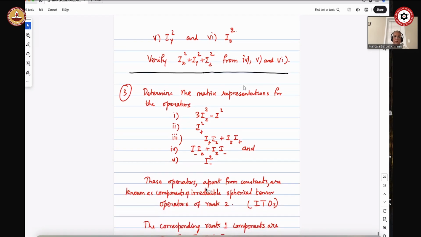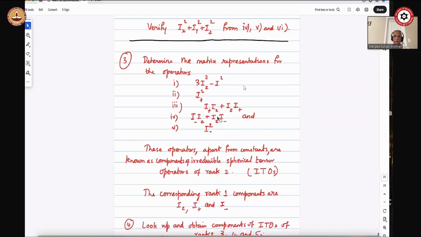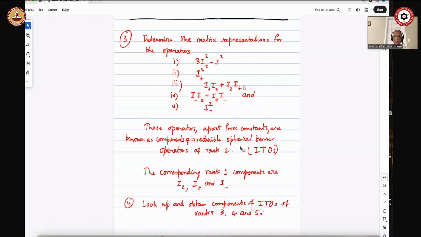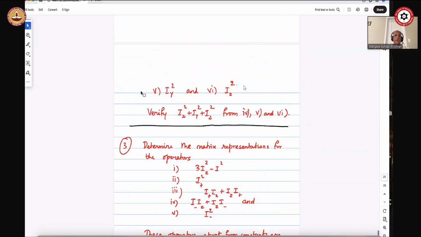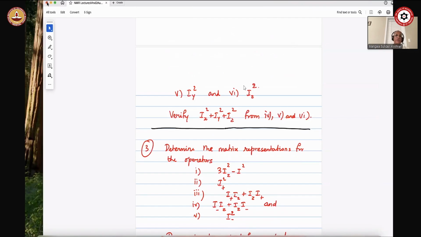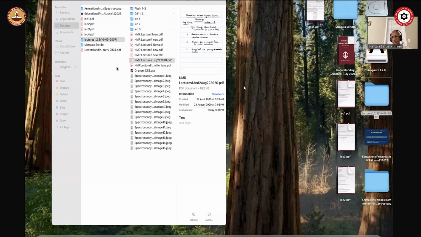These operators are known by a special name: irreducible spherical tensor operators of rank 2. If you don't understand, don't worry, but you can calculate matrices using the matrix formula. So this is what is called the first leaf, the first page of the angular momentum book.